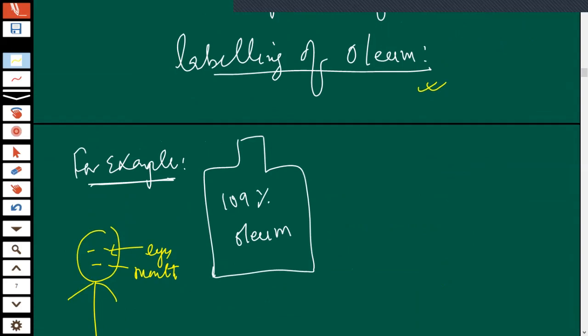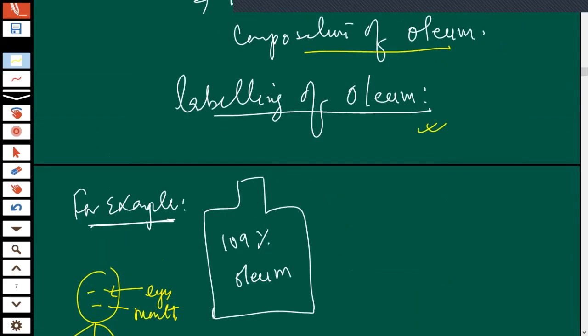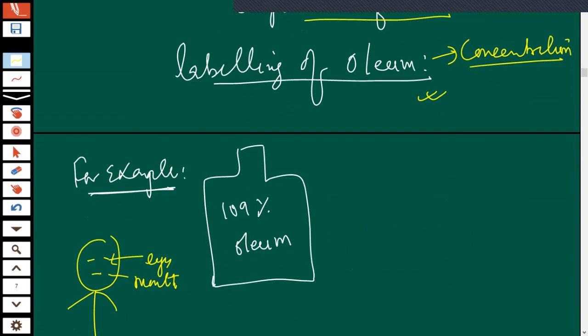When you have prepared a solution, you have to mention its concentration. Now, concentration can be expressed in percentage by mass, volume by volume, molarity, molality, mole fraction, isn't it? Normality.